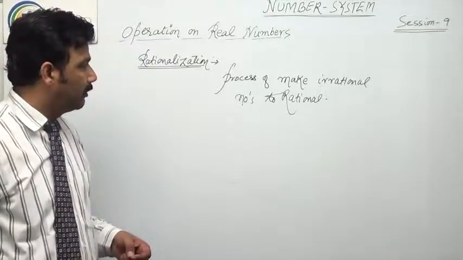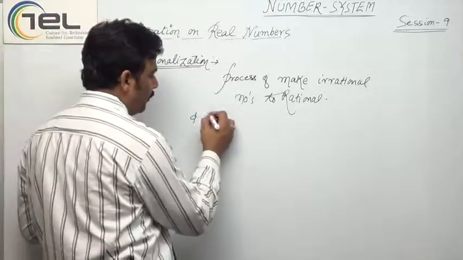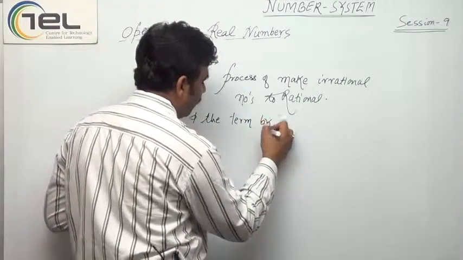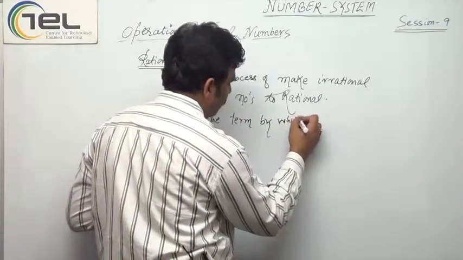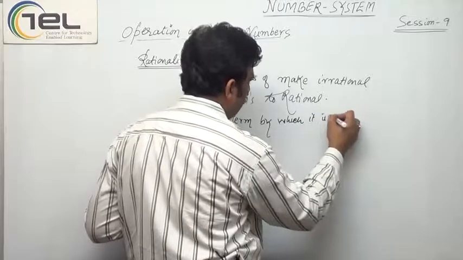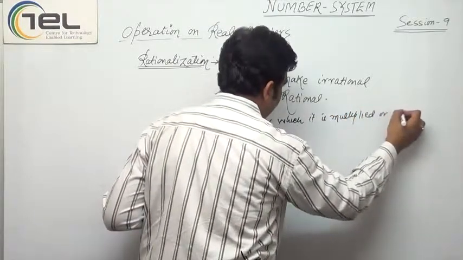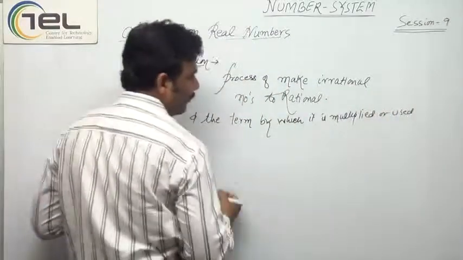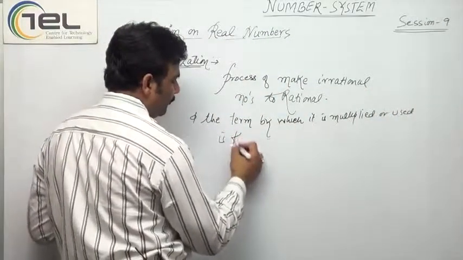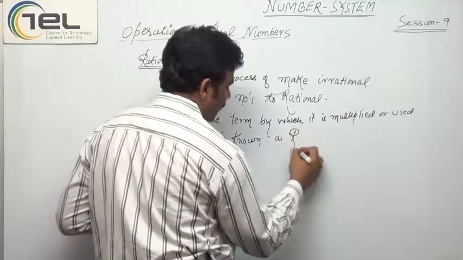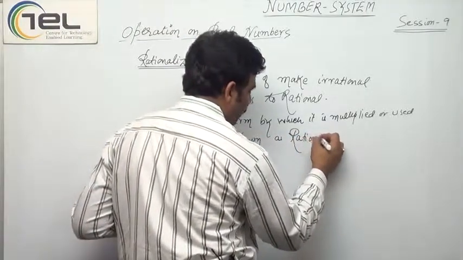And the term by which it is multiplied or used is known as the rationalizing factor.